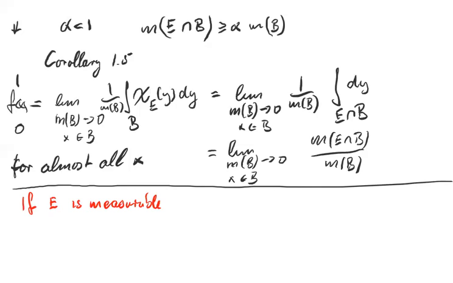There exists an open set O that contains it, and the outer measure of O minus E is less than epsilon, right?